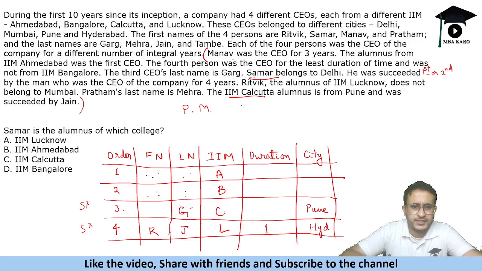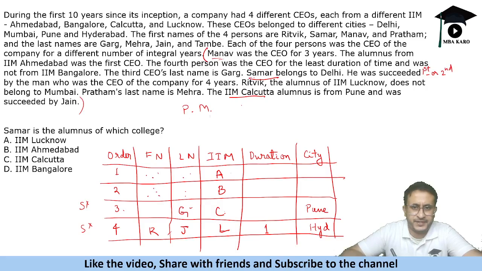So let's just revisit things. Manav was the CEO for 3 years, right? Then there is Pratham Mehra. And Samar belongs to Delhi. So there are two different people. One is Manav, one is Samar, one is Pratham.